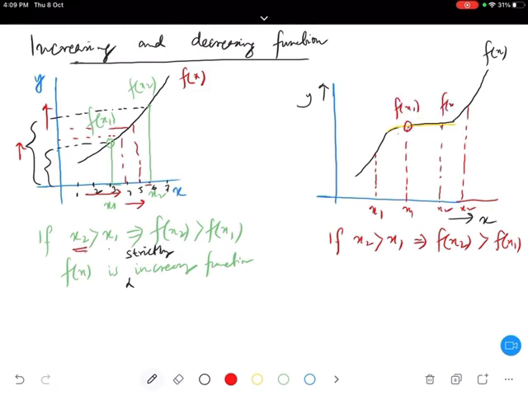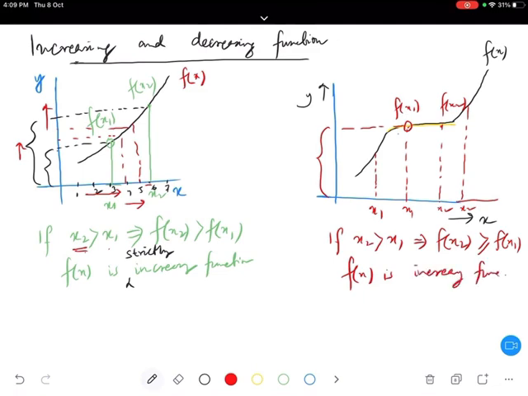The value of the function is same, yes or no? Jaldi batao, yes or no? The height of the function remains same, right? Am I clear? So when x2 is greater than x1, f(x2) is greater than or equal to f(x1). Then f(x) is an increasing function.